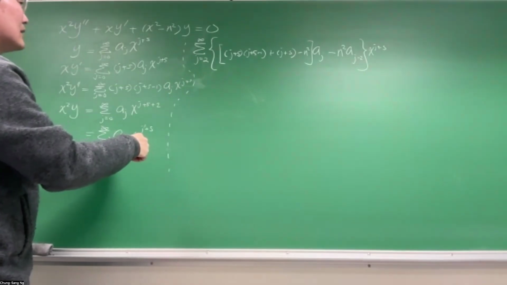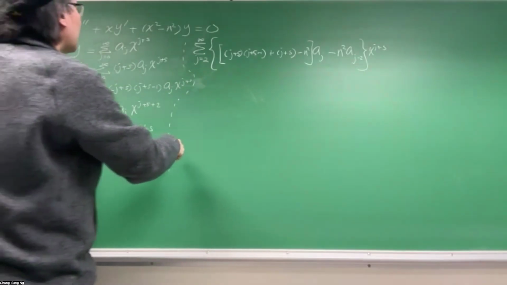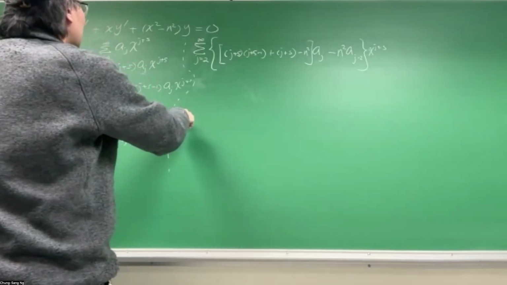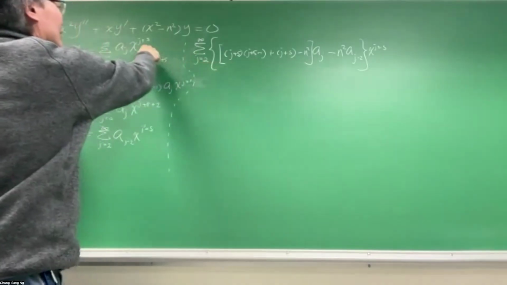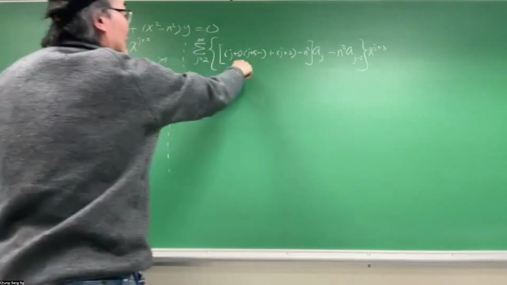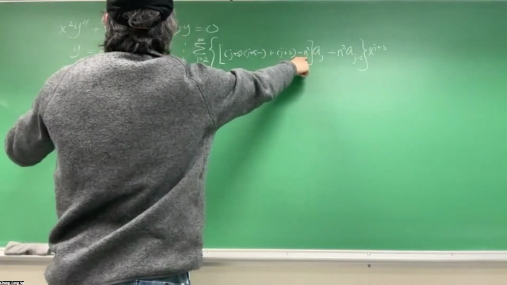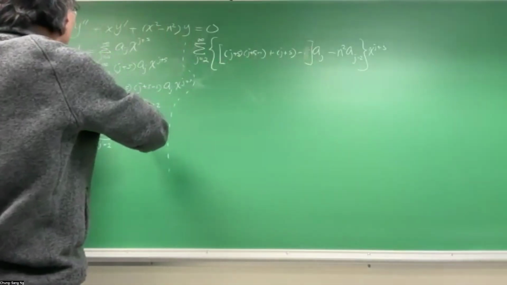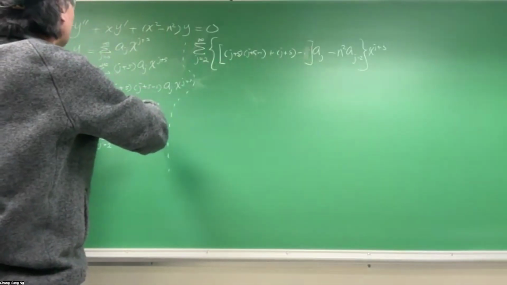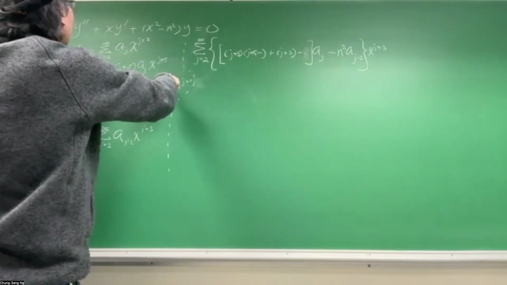This one is what gives you the, wait, did I miss a term here? 1, 2, 3. Oh, I don't have an n squared. This one shouldn't have n squared. This is from here, right? No. This is from y, right?